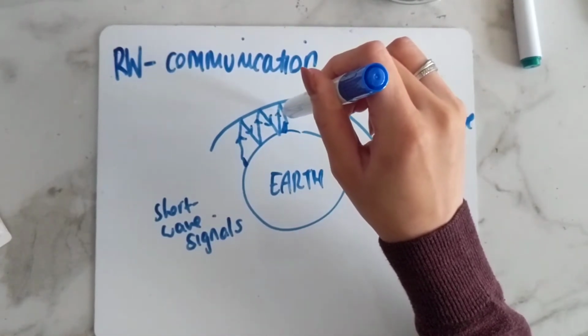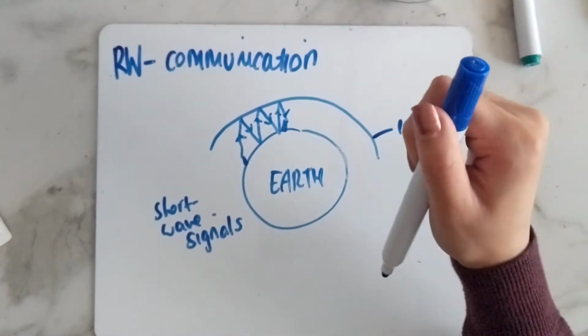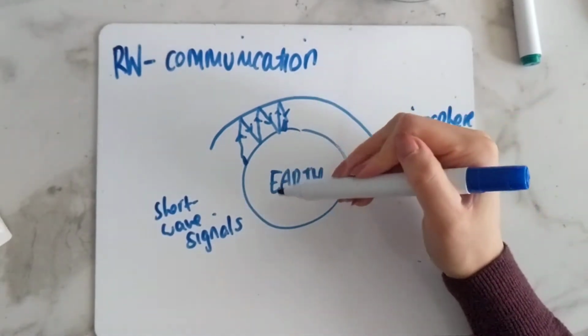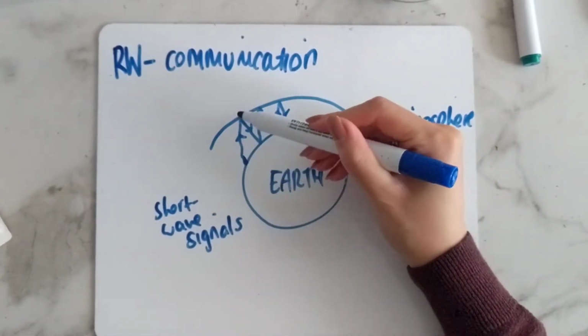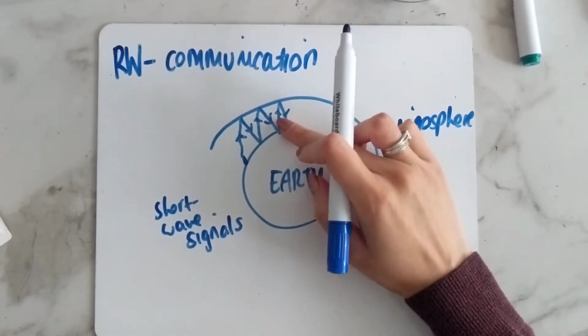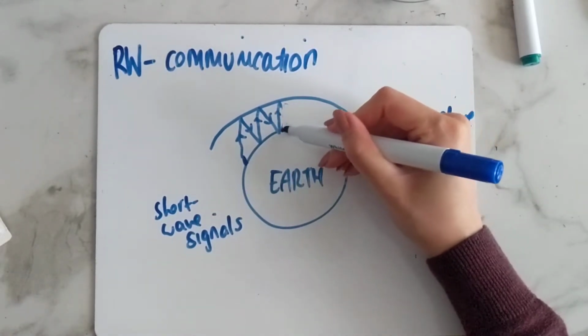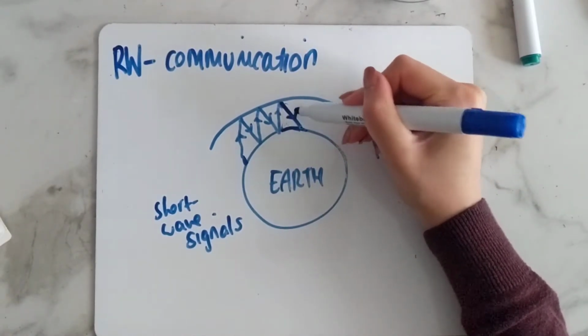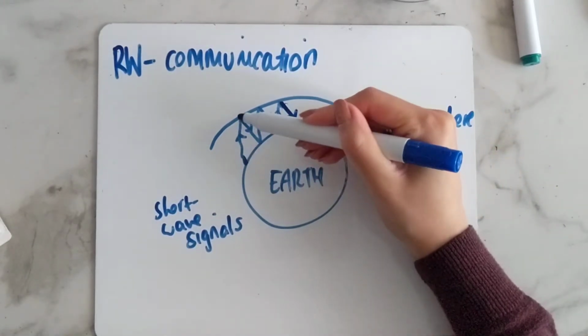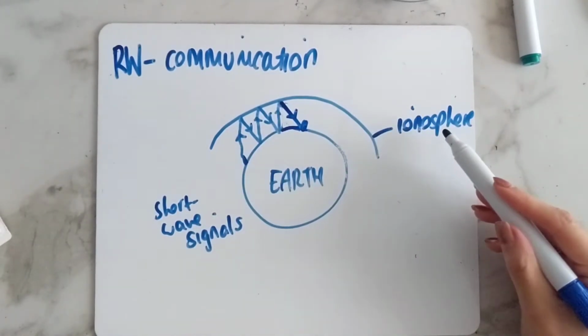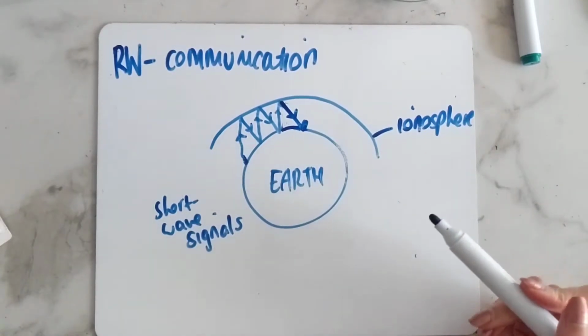So they're not long enough to get all the way around the earth. They can't bend around the earth, so what they do is they reflect off the ionosphere. Maybe something like that, where they're reflecting back and forth off the ionosphere to get from one point to another.